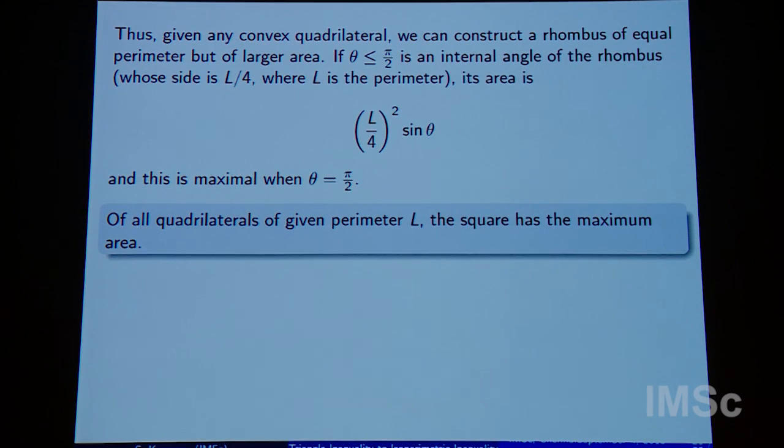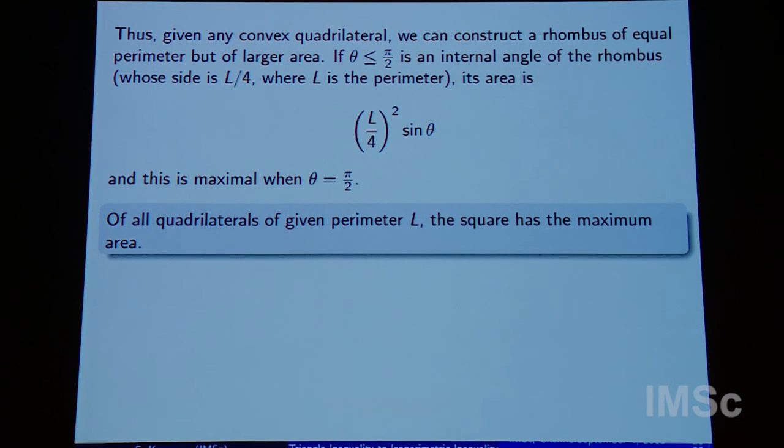So now if theta is the internal angle of the rhombus, what is the area of the rhombus? It is L by 4, which is the side of the rhombus now. L is the total perimeter, L by 4 is the side, times sin theta, and that is maximum when theta is 90 degrees. So that means of all possible quadrilaterals, the square has the maximum area.